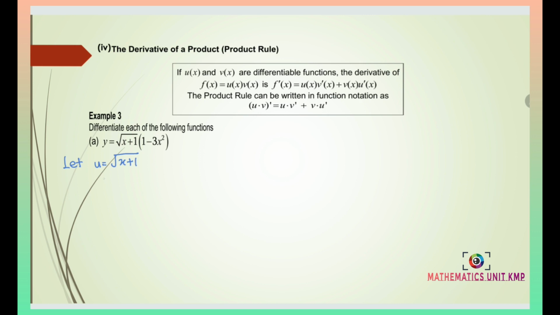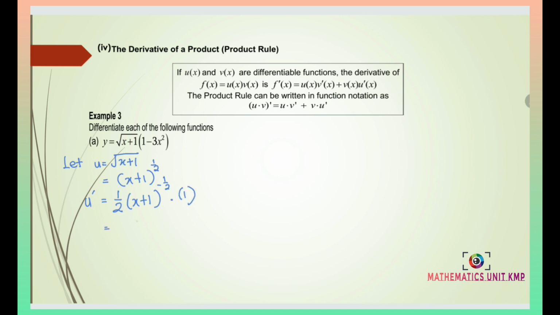To make it simple to differentiate, we change the square root into power 1 over 2. Then we differentiate u. We get 1 over 2 (x plus 1) power negative 1 over 2 times 1.